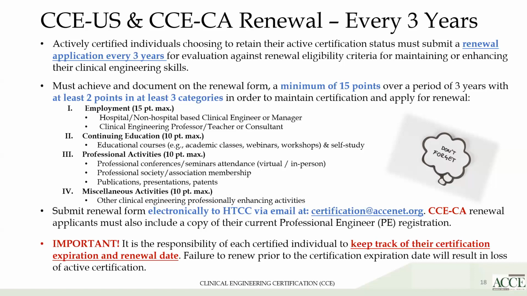You will submit your renewal form electronically to ACCE at certification@accenet.org. Canadian candidates must also include a copy of their current professional engineer's registration. Each candidate is responsible for keeping track of their certification expiration date and renewal timeframe. Failure to renew prior to the certification expiration date will result in a loss of the active certification.